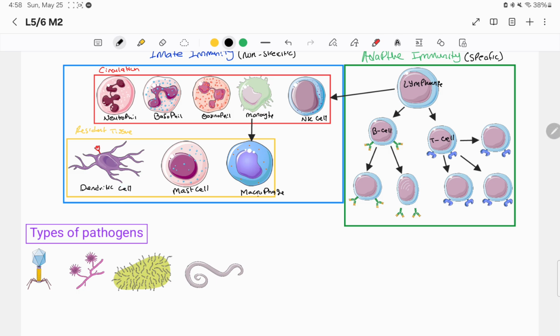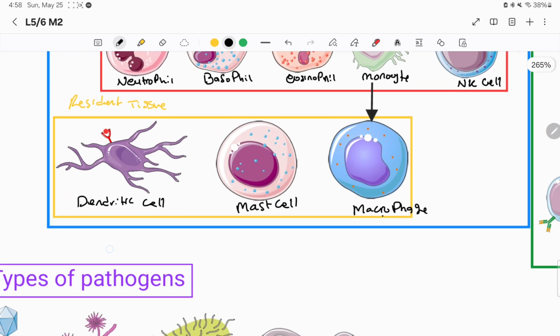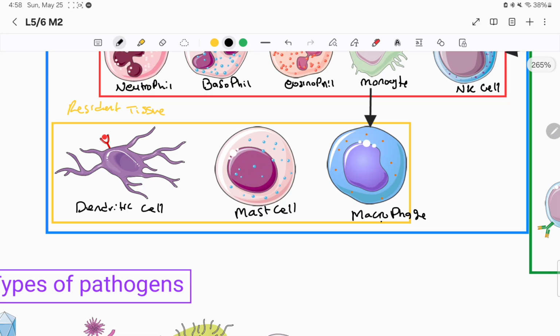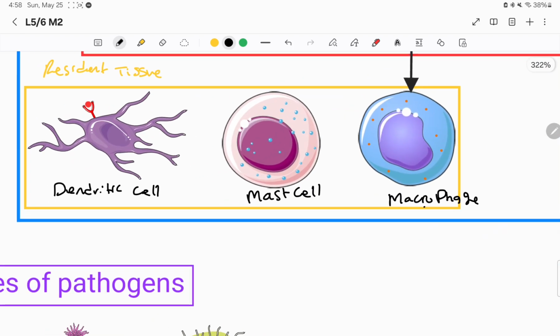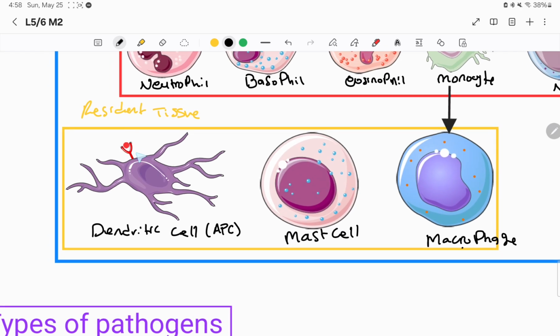Ooh, this dendritic cell. This dendritic cell is a really important cell, as we'll talk about later. It basically connects the innate immunity and the adaptive immunity. And this dendritic cell has a really special function called antigen presentation. Therefore, they call it an antigen presenting cell. If you look at it, it has this protein on its surface called the MHC, which we'll talk about.